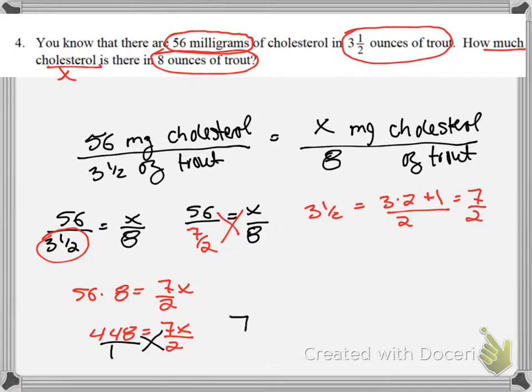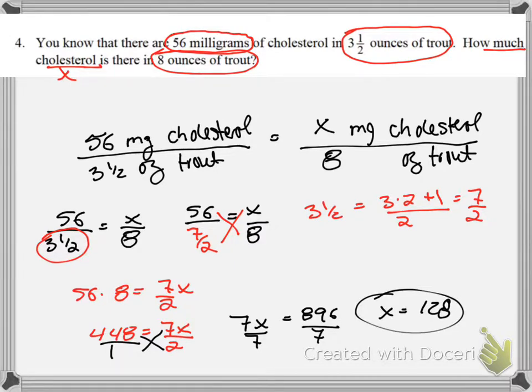So one way to solve this, not the only way, you certainly don't have to do that, is to cross multiply one more time. And then we divide by 7. And we get x equals 128. And the units are milligrams of cholesterol.